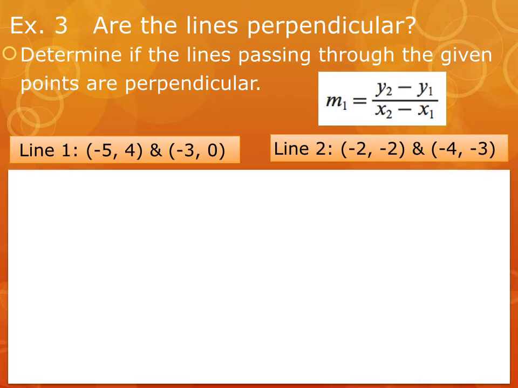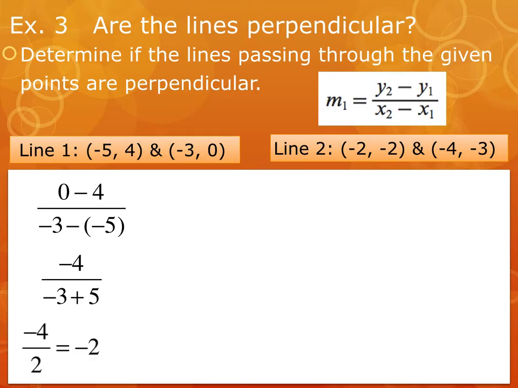Okay, let's substitute in our values for line 1 to find the slope. 0 minus 4 over -3 minus -5. And let's simplify that fraction and simplify the denominator, and we get a slope of -2 for line 1.